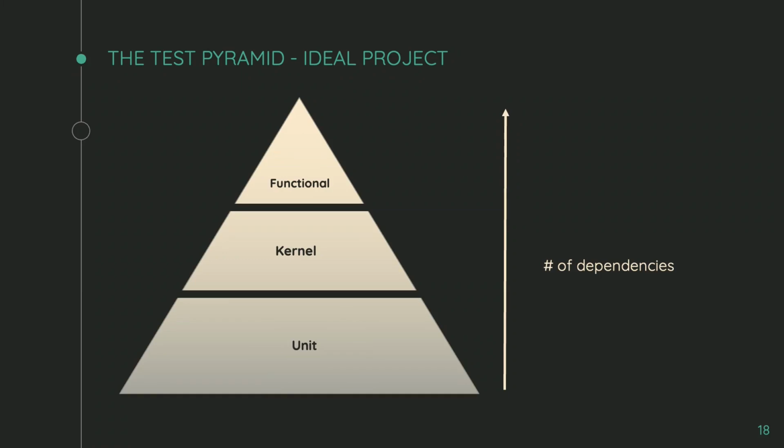Like what happens if I get to the cart but I don't want to check out? Or maybe the user logs in but their information isn't totally ready yet. You're going to test those with a unit or a kernel test. And the reason you do that is because functional tests are a lot slower than your unit and your kernel tests. So like I said, this is a conventional software project.